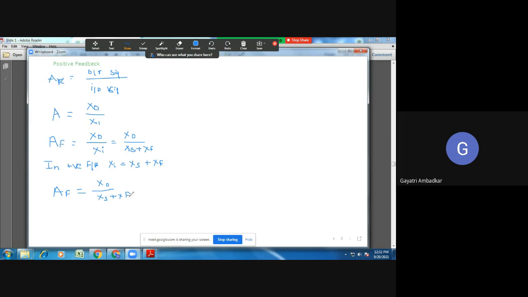So my signal can be either a voltage signal, so I can replace this X by V, or it may be a current signal, so I can replace this X by I. In general, I wrote here XO.